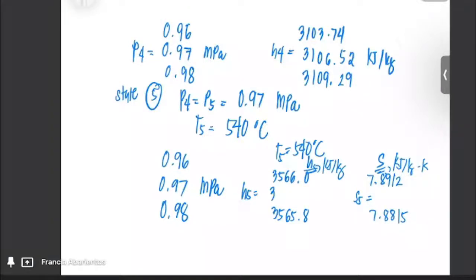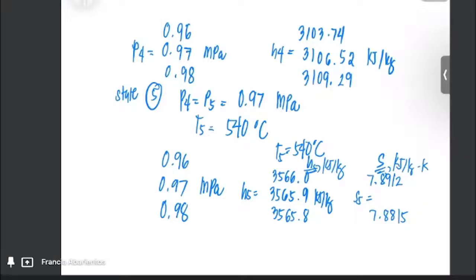We have now 3565.9. Yung H5 natin. Yung S5 natin. What is now our entropy at that given point? Okay.